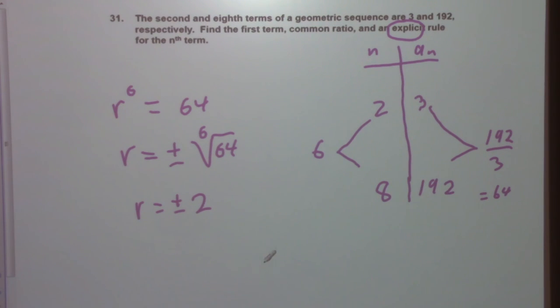And now we can write out our explicit formula, which is A sub n equals A sub 1. Well, A sub 1 is just going to be 1, right? Because we divide by 3, 1, 3. So 1 times plus or minus 2 to the power of n minus 1.